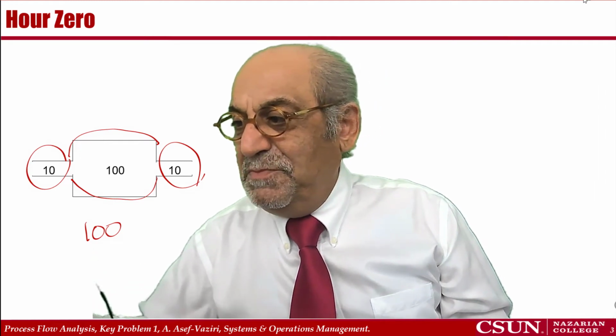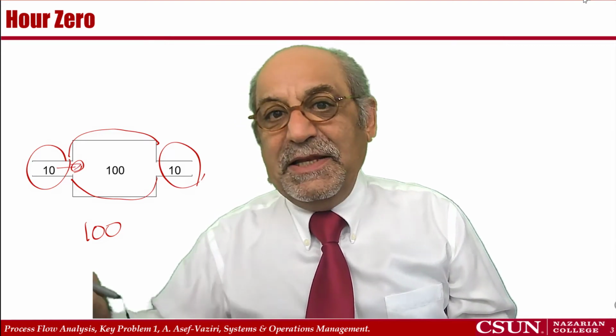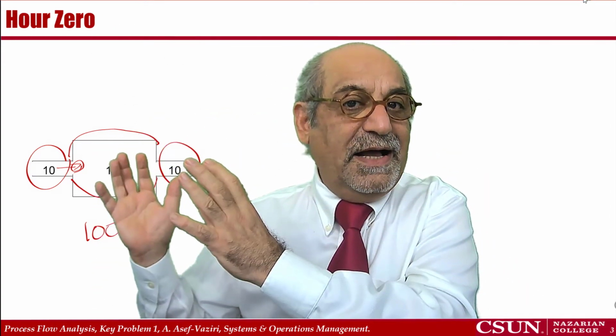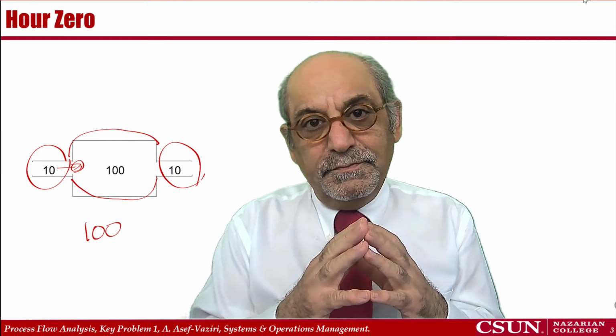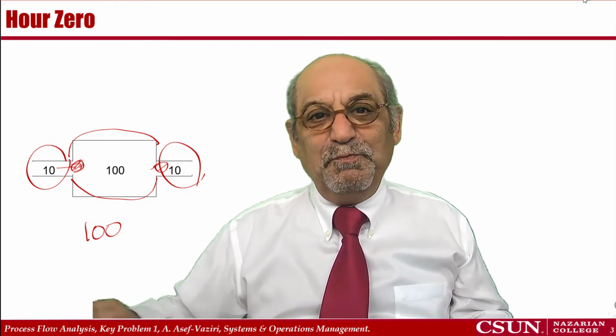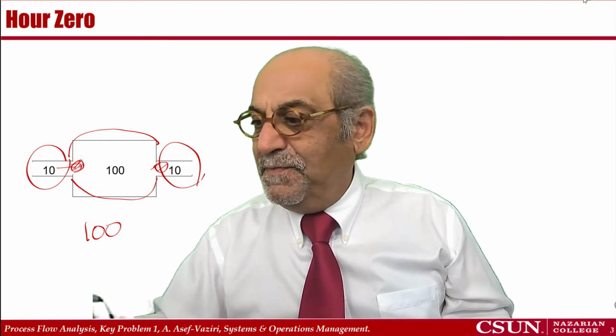Let's suppose each molecule of this dense liquid which comes into the system cannot go out until all the molecules that were there before it have gone out. So how long does it take for this molecule which just came in to go out? 100 gallons are there.